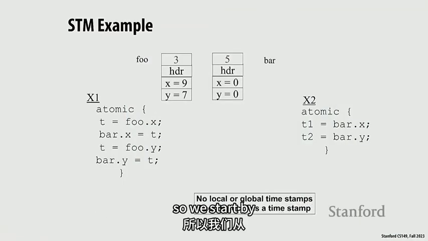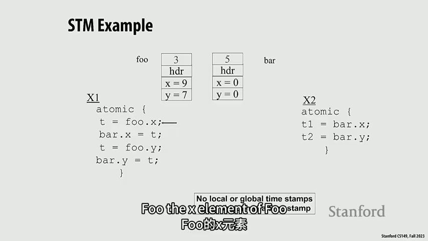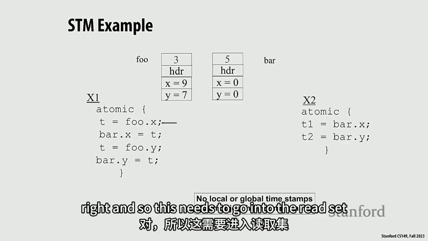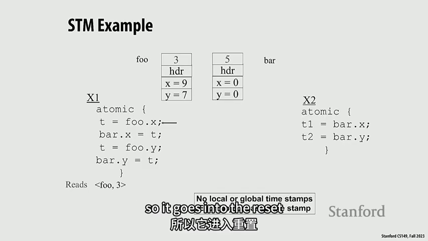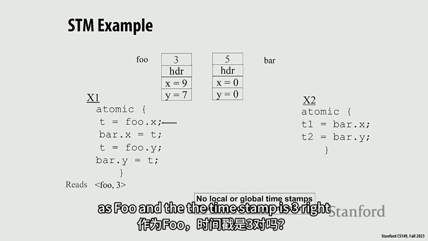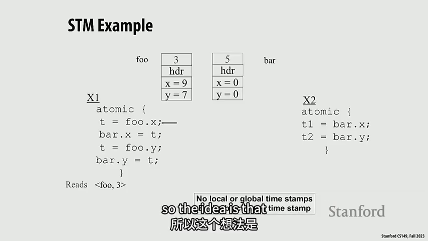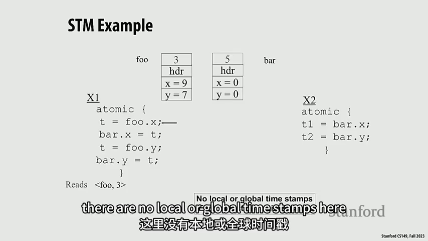So we start by executing the first read of foo, the x element of foo, and this needs to go into the read set. So it goes into the read set as foo, and the timestamp is 3, right? The idea is that there are no local or global timestamps here.